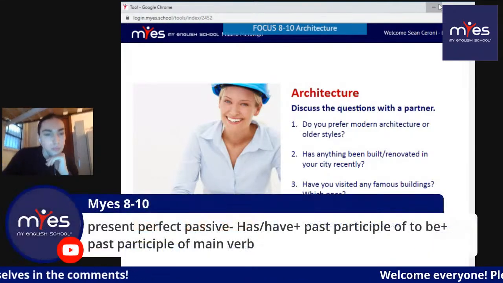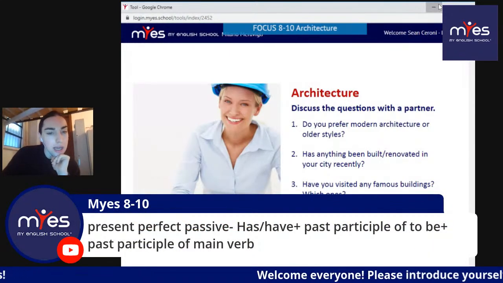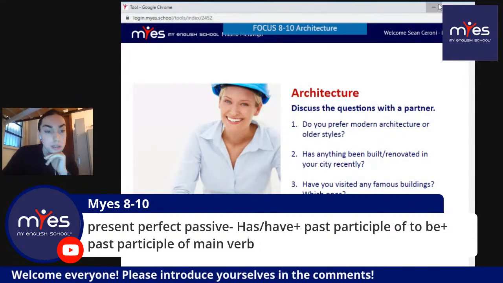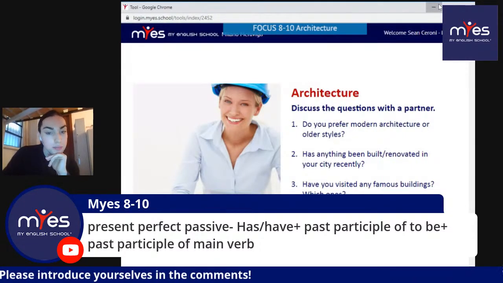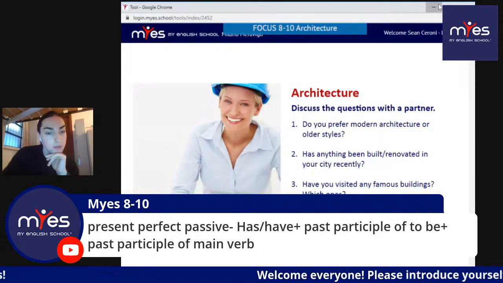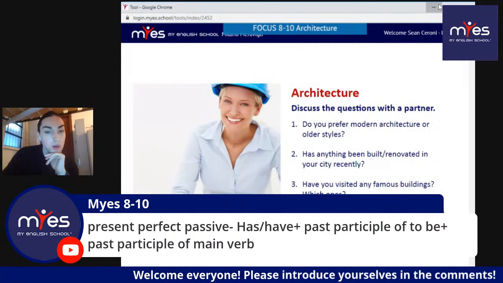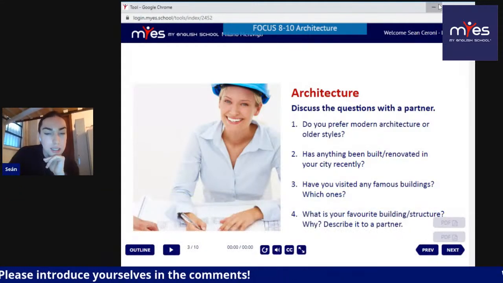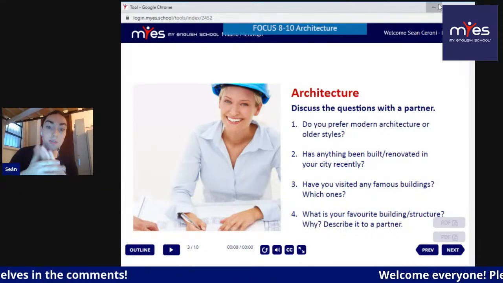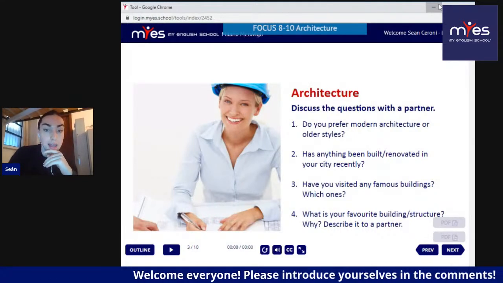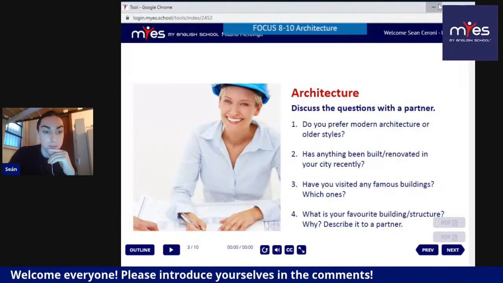So here we have it. Has or have, depending on the person, past participle of to be and past participle of the main verb. So the main verb here is built or renovated, two different verbs, to build and to renovate, and then has been.